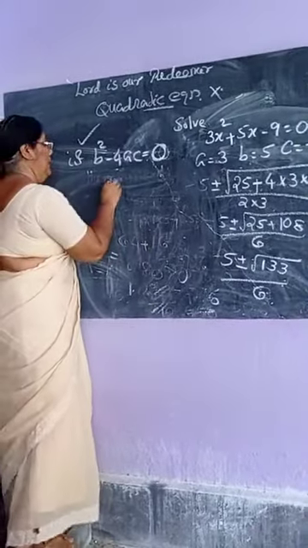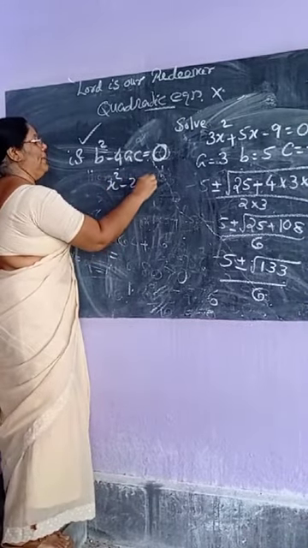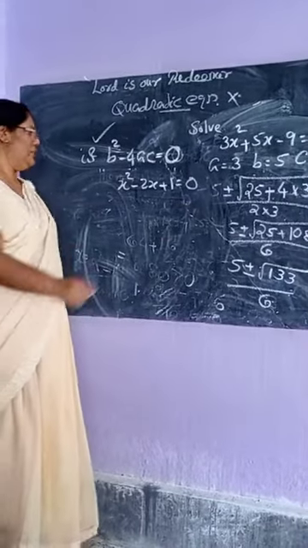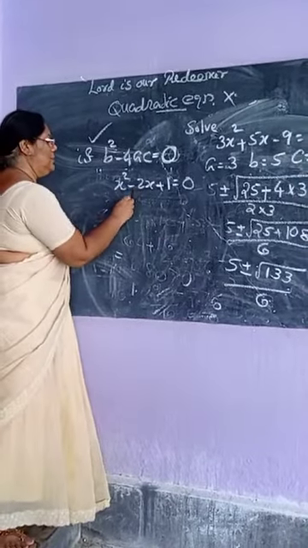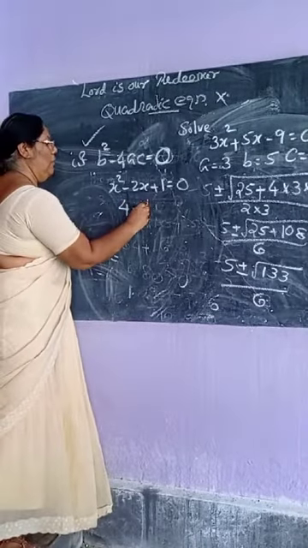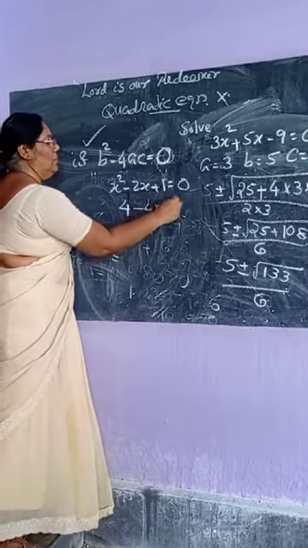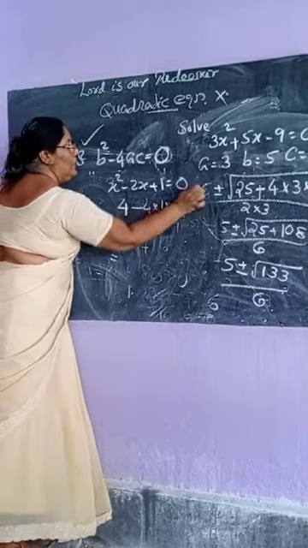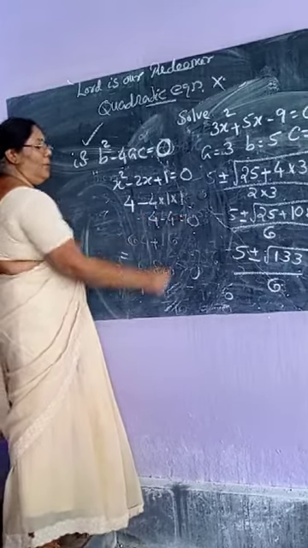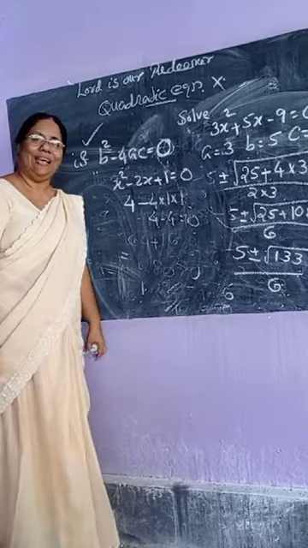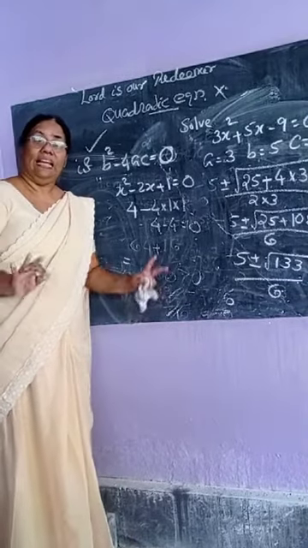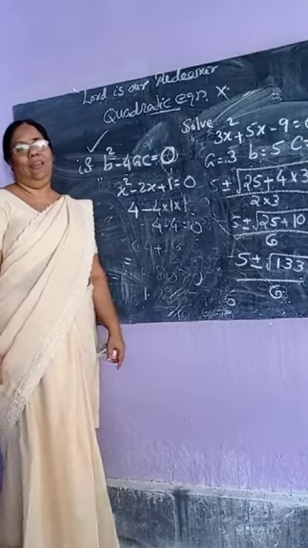Example, x square minus 2x plus 1 equal to 0. This is a quadratic equation. Then what is b square? Minus 2 square, 4, isn't it? Minus 4 into a into c, what is 4 minus 4? 0. Therefore, the roots are, here we write the nature of roots only, real and equal.